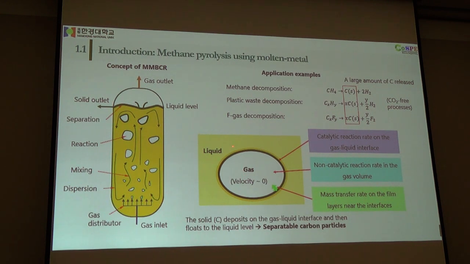But for the molten metal bubble column reactor, the carbon deposits on the surface of the bubble, rises up, and floats to the liquid level, so we can easily separate it. So the molten metal bubble column reactor has another benefit in separable carbon particles, and that's why it has some advantages from the economic point of view compared with the others.